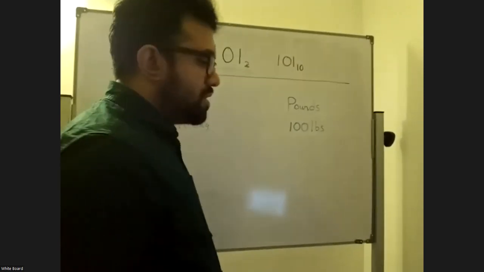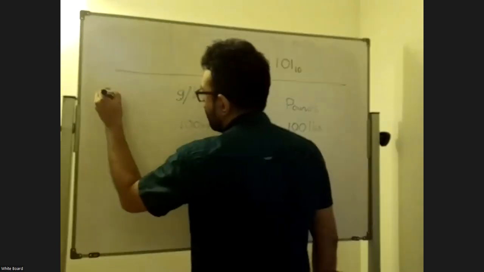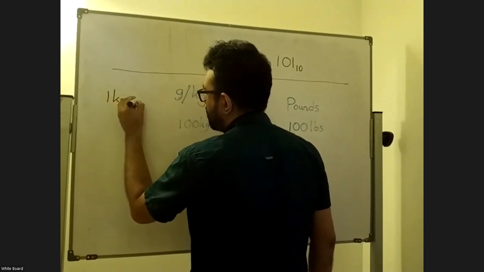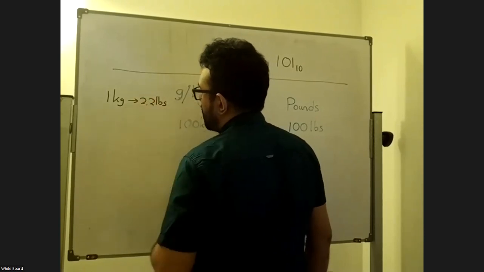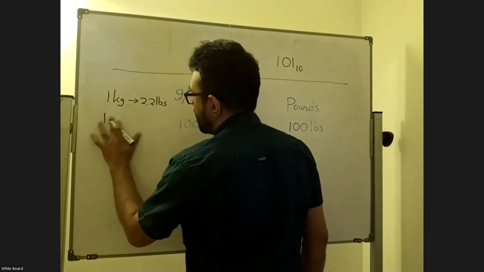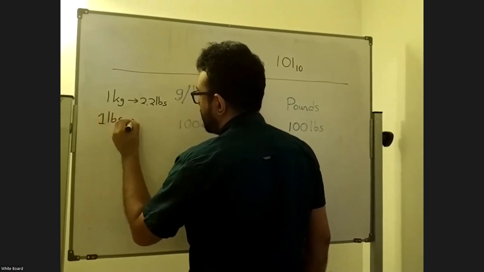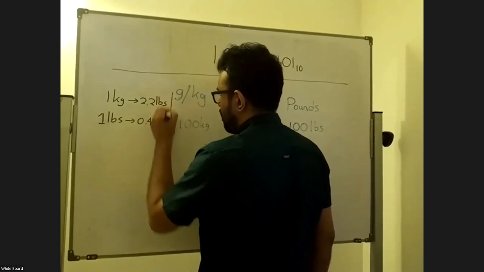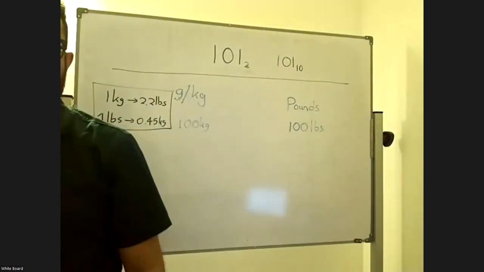To do this conversion, we have to understand this concept: 1 kilogram is going to be 2.2 pounds, or 1 pound is going to be 0.05 kilograms. This is a certain fact that we should know. Without that, we can't convert.